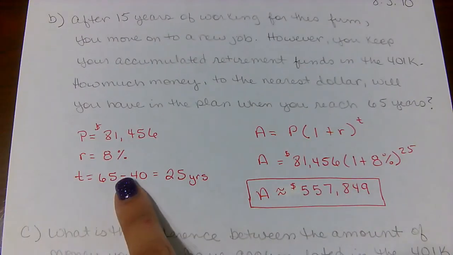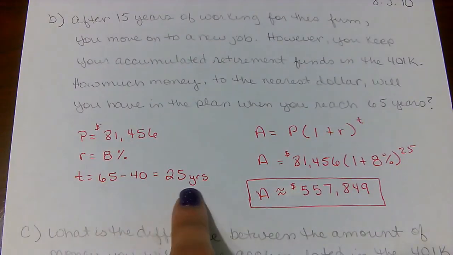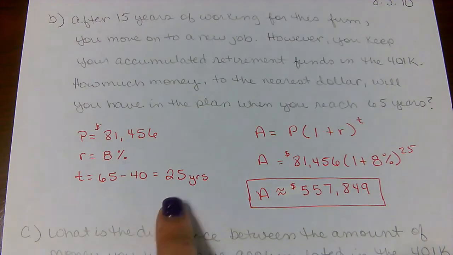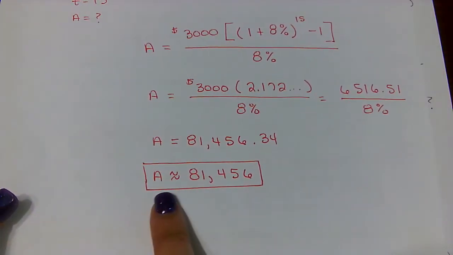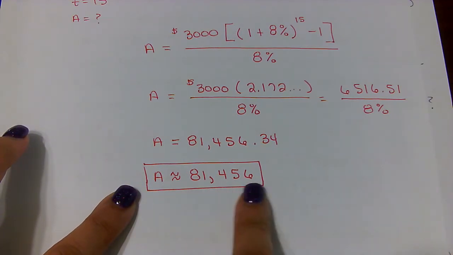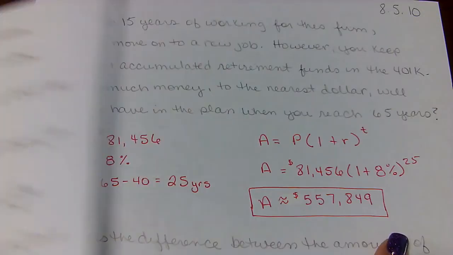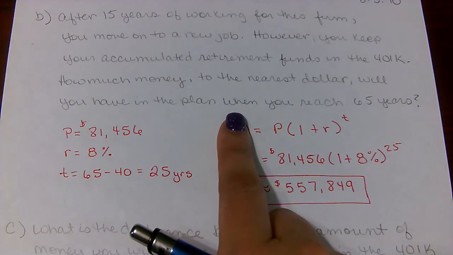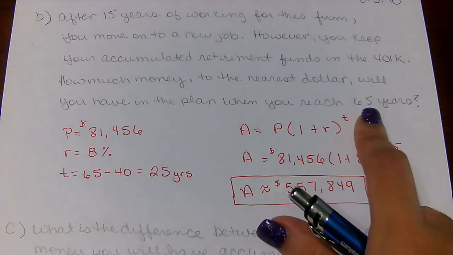So 65 minus 40 is 25 years. In other words, we are no longer putting money into our annuity. So after 15 years, you have earned this much. Now we need to determine how much money we would have when we reach 65 years old.